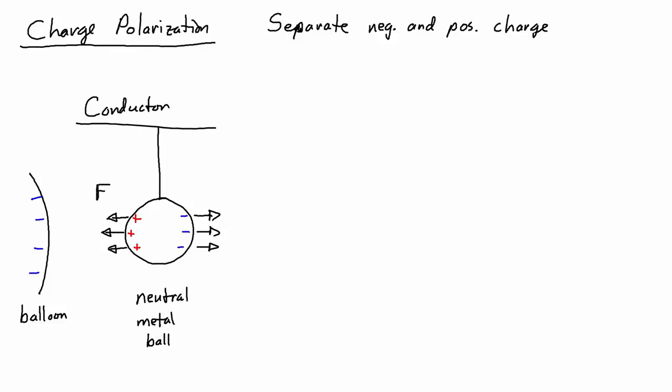If we add all of these forces up on the left, I'll call it FL, and if we add all the forces on the right, I'll call it FR. It turns out that the magnitude of the force depends on how far the charges are from each other. The balloon coming in from the left with a negative charge repels electrons within the metal ball and pushes them to the right.